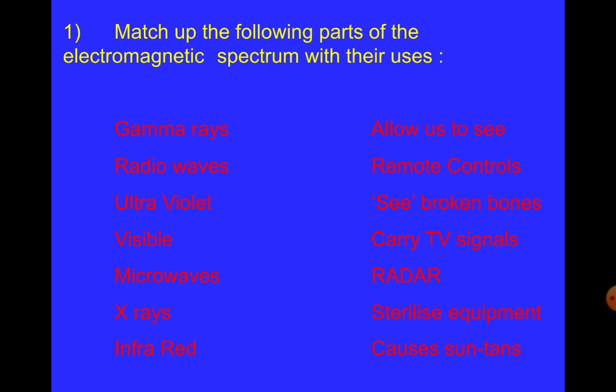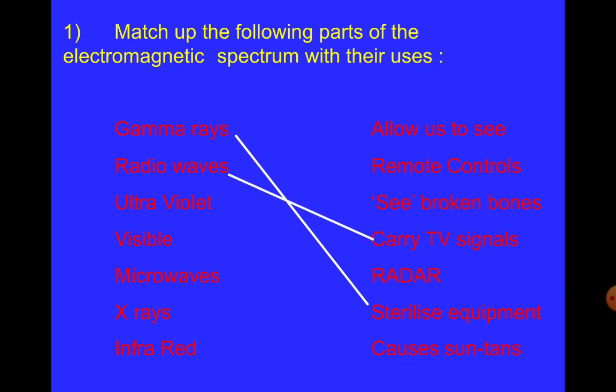Some questions before you start. So we are going to discuss this, copy this, and try to connect the different parts of the electromagnetic spectrum with the uses. Gamma rays, they can sterilize equipment.